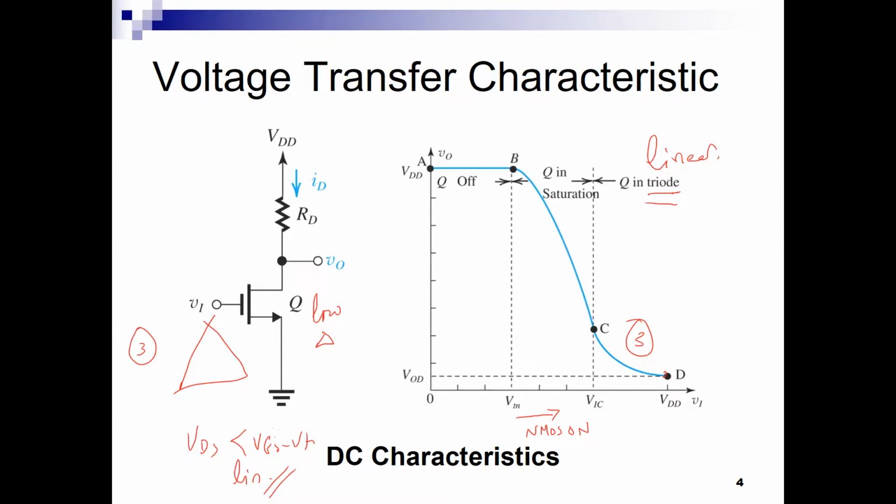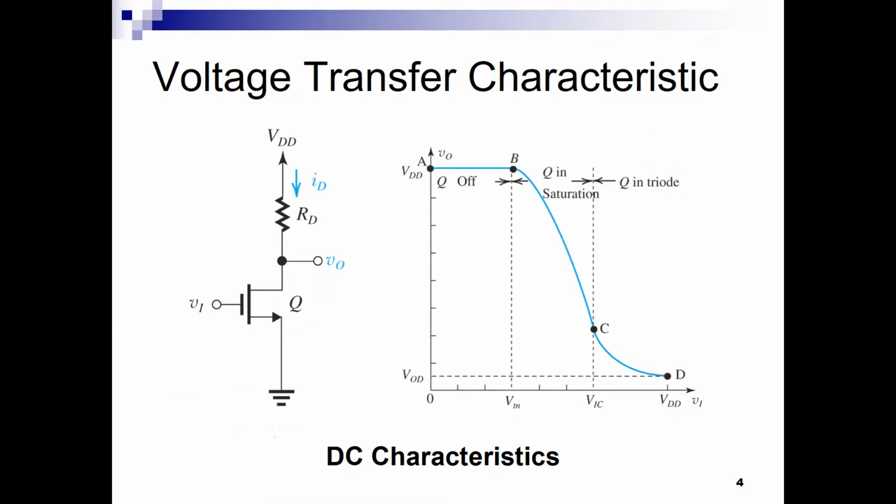Now in the intermediate range, we have to determine this point by solution, but we're talking about the extreme cases. In the beginning, when the input has barely just turned on, Vn is still small, or VOV, VGS minus VT, is still small, and the output is still high.